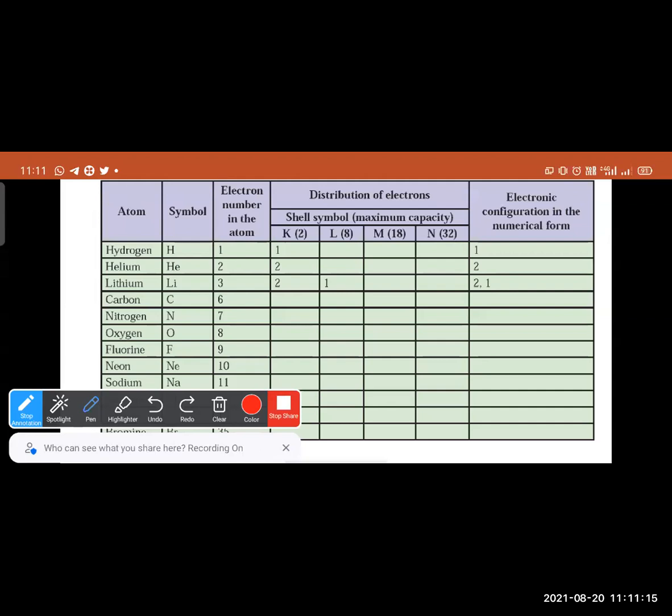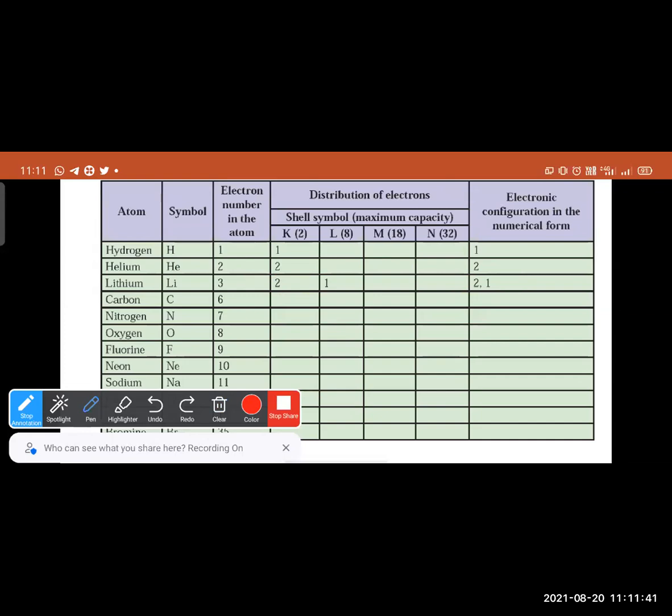Now lithium has atomic number 3. It has 3 electrons, therefore the first orbit will have 2 electrons and the remaining one will be in the second orbit. So its electronic configuration will be 2, 1.